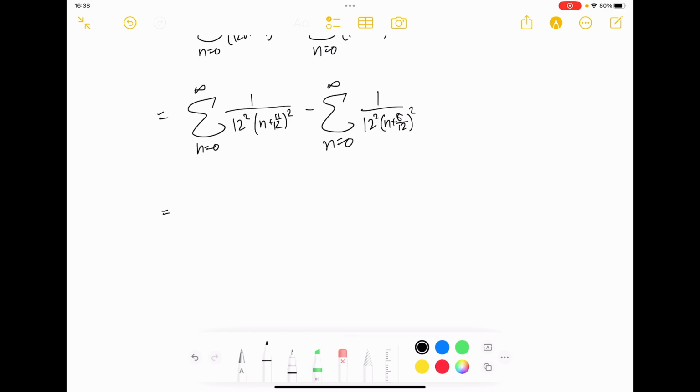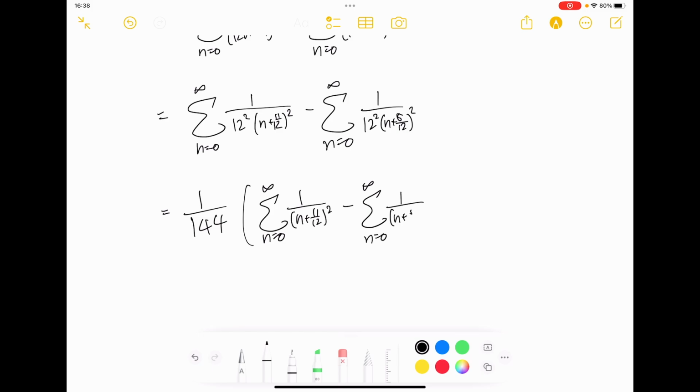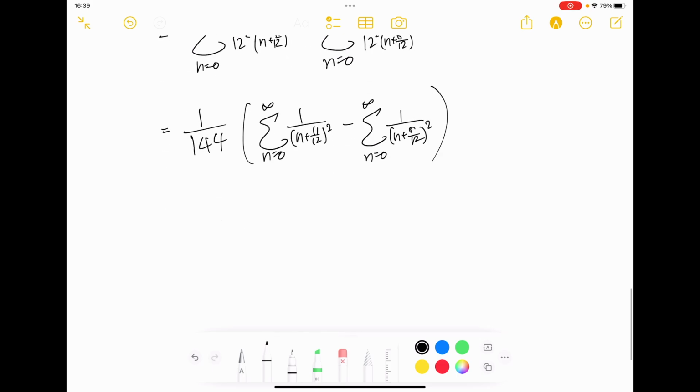But yeah. So in the end, we get 1 over 144 times the sum n equals 0 to infinity of 1 over n plus 11 over 12 squared minus the sum n equals 0 to infinity of 1 over n plus 5 over 12 squared. And for those who work with sums or the gamma function a lot, you will recognize that I can write this as something special.